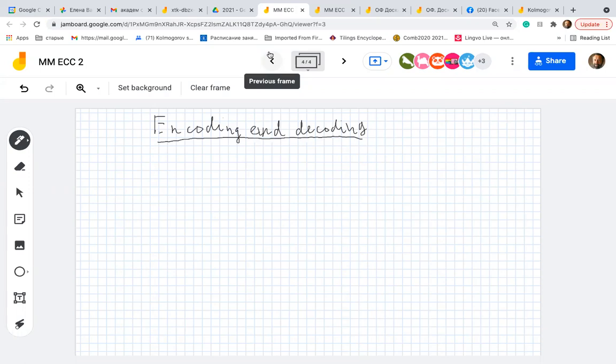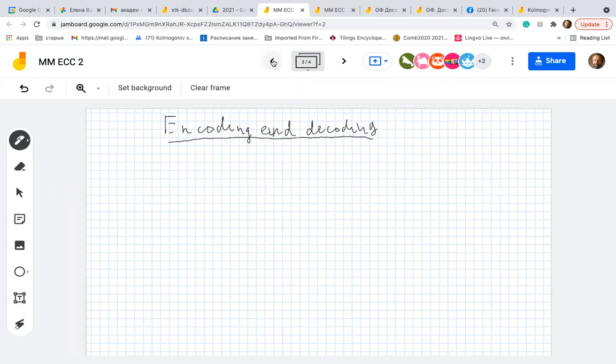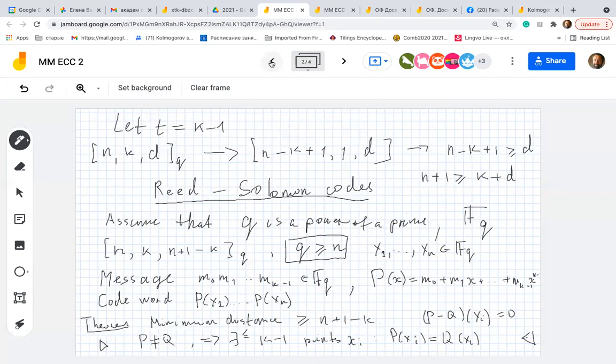And we will assume that somebody has already provided to us such a representation. Then encoding is just evaluation of the given polynomial in given points, and this can be done very easily.